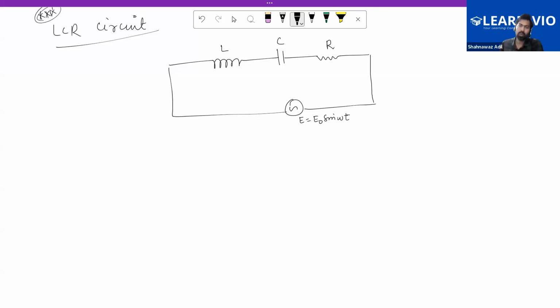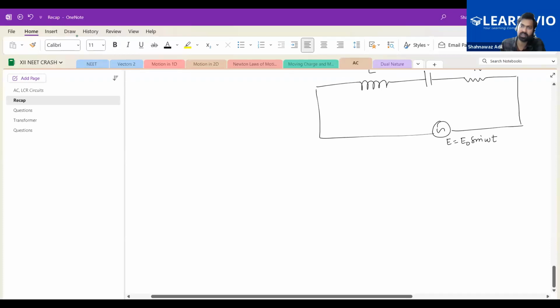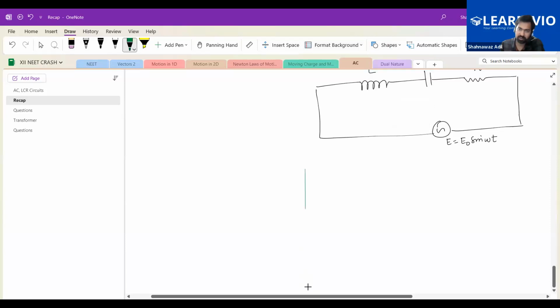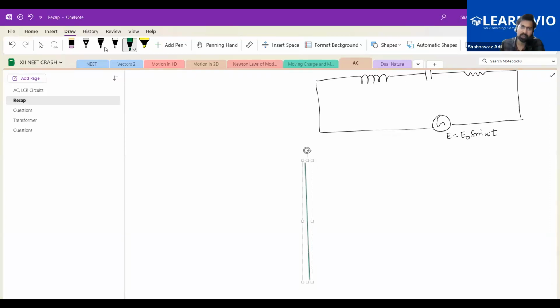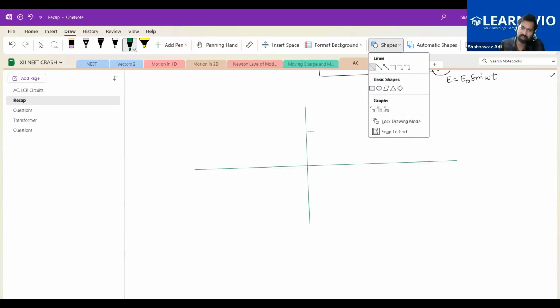To understand this, we use the phasor diagram. So if we draw a phasor diagram, how can we do that? Let's say we have a phasor, and the first thing that we have is the supplied voltage.